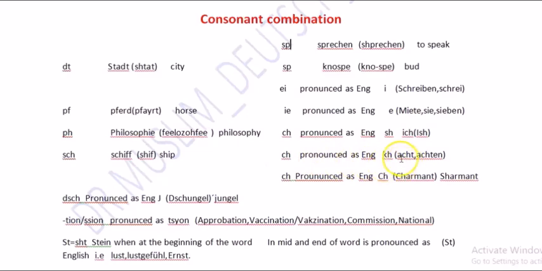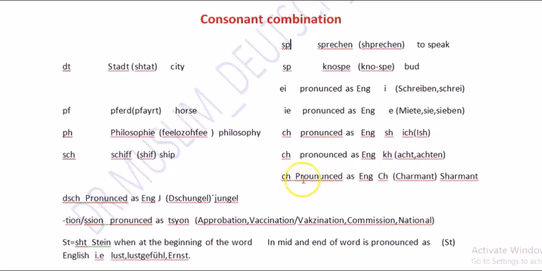For example, we say acht. In English we pronounce it like h, as in hair. In German, ch is also pronounced like this, written like h. Here it is written acht, achten. Acht means eight. Achten means to be careful.